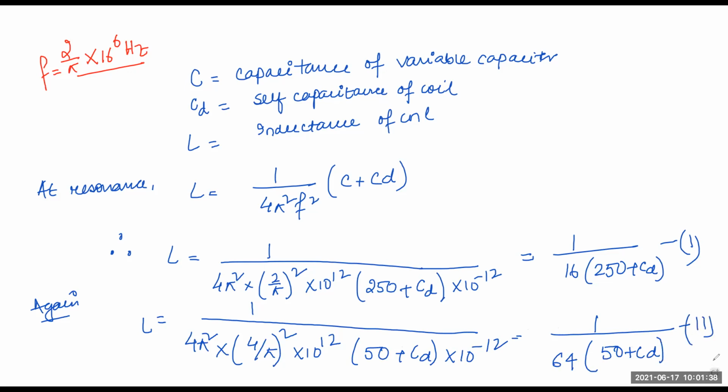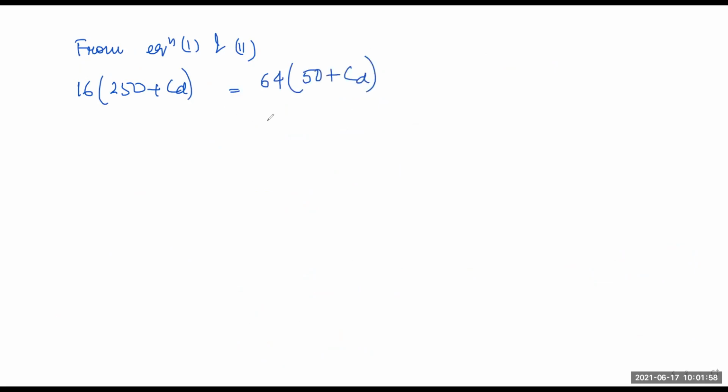So simply you will now equate equation 1 and 2. What you will get? One is 16 (250 plus CD), another is 64 (50 plus CD). These are the two equations.